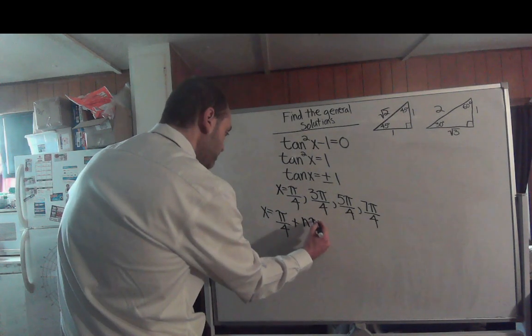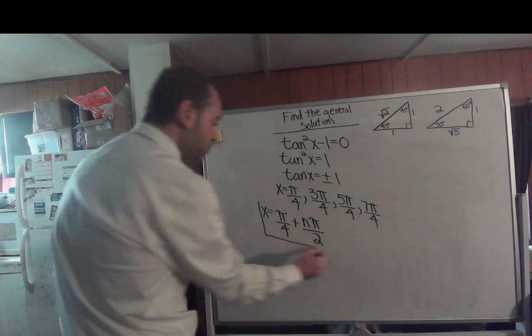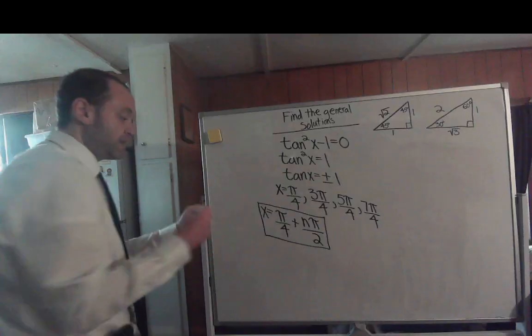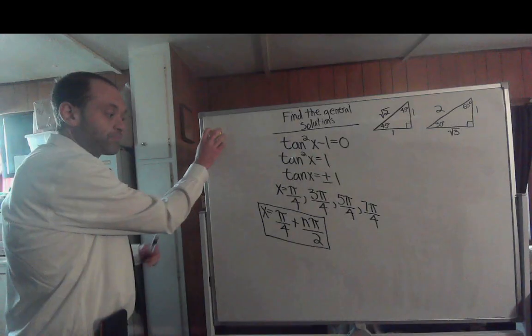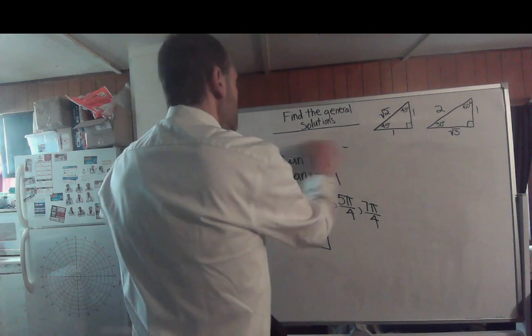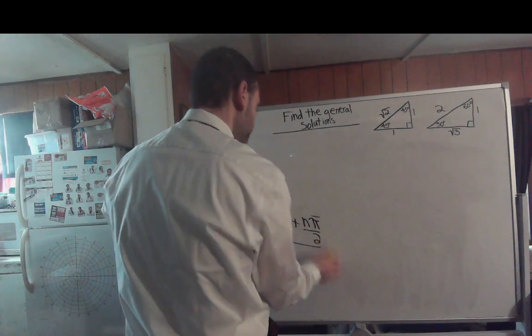So really, we can write one general solution of x equals pi over 4 plus n pi over 2, and that'll account for every multiple of pi over 4. Okay, so those are the simple quadratics.